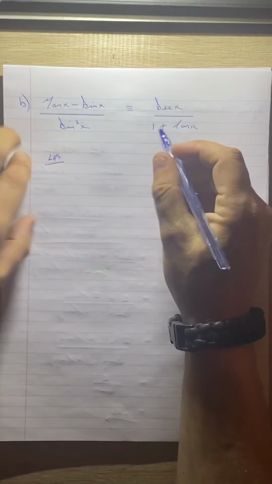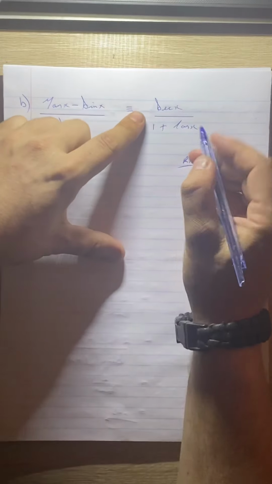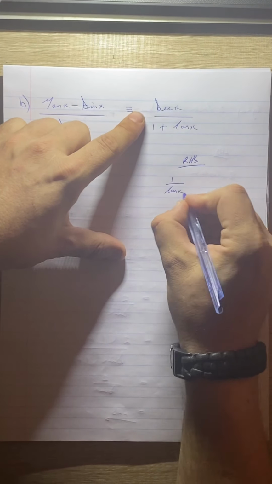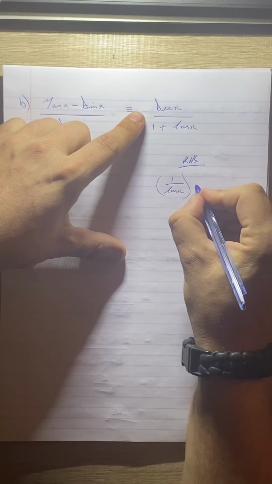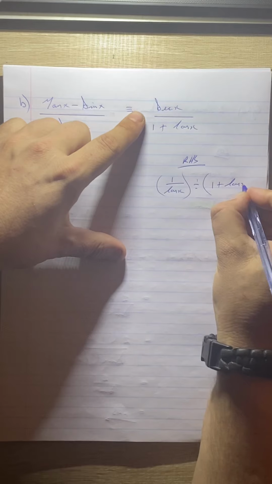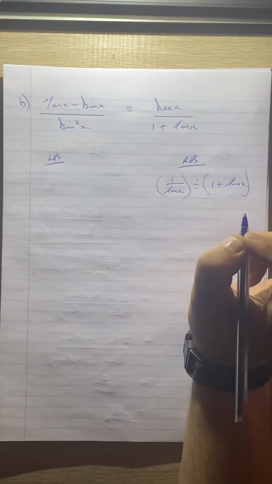All right, so you remember what we need to do, change everything to sine and cos. Now, I'm going to start working with this right-hand side. It doesn't really make a difference, grade 11s. You can start with whatever side you want. So sec becomes 1 over cos. So we get here 1 over cos x divided by 1 plus cos x.